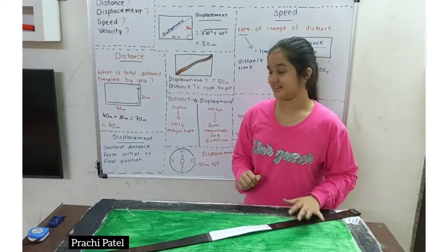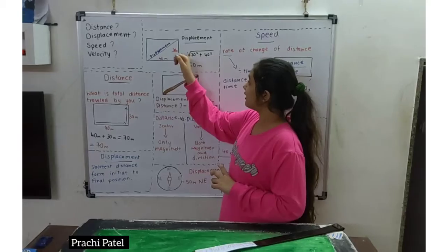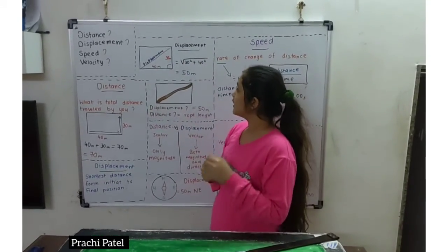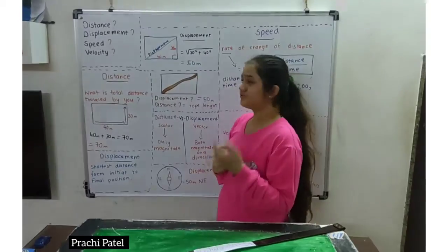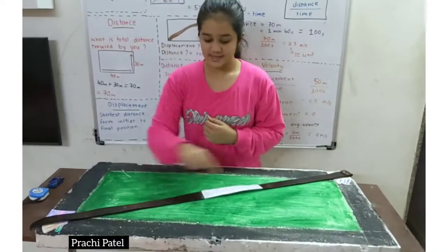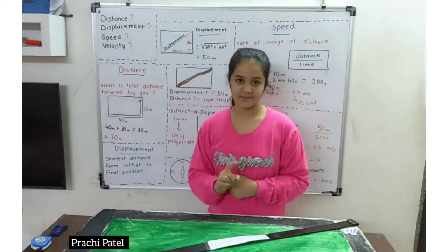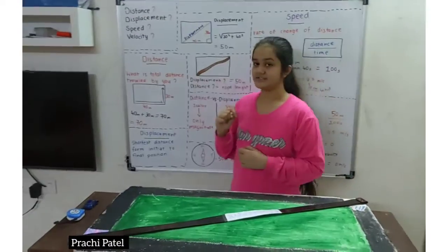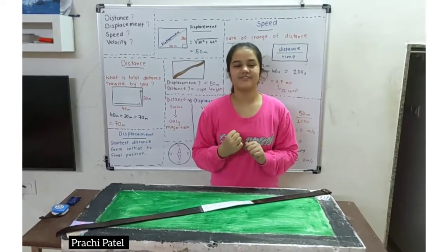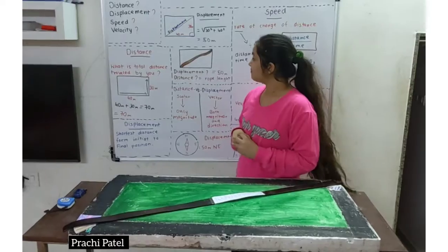We have to find the root. When we do 30 squared plus 40 squared, we get 50 meters. So this is 50 meters long, and over here we had 70 meters. 70 is more than 50, so this is the shortest route.